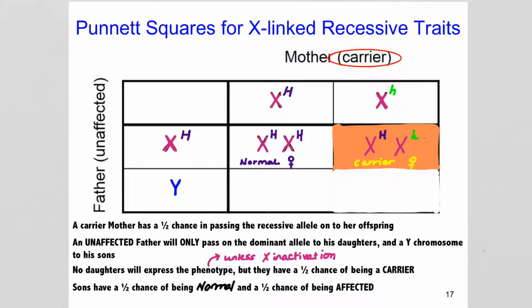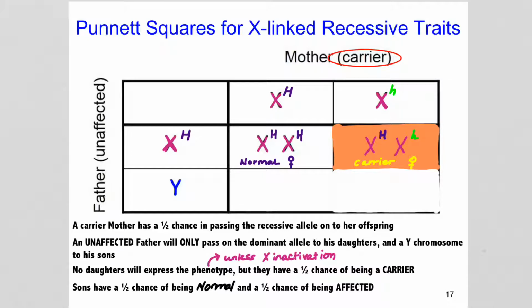So you can see here that if we already know that we have a daughter, there's a 50% chance that she's going to be homozygous dominant and not be affected by the condition and not carry on the mutation. We also have a 50% chance that she will be a carrier and inherit that mutation from her mother.